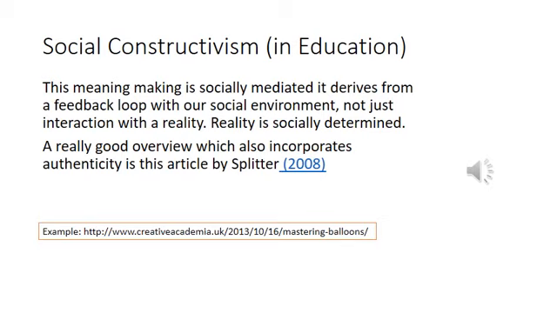An example I have given you here is one of the activities I did with master students, and I've been using balloons just to make things a little bit more interesting in helping students to mediate, to negotiate with one another the meaning of academic articles in their field.